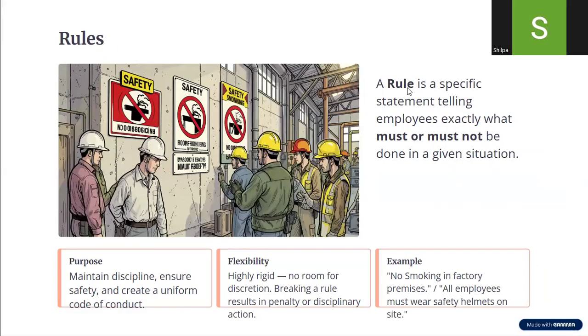Now let us see what rules are. A rule is a specific statement telling the employees exactly what must or must not be done in a given situation. So rules are basically the do's and don'ts given by an organization to its employees. Let me give you a simple example of a standard method and a rule. When you take admission in college, there are certain steps you have to complete to get registered as a student of the college.